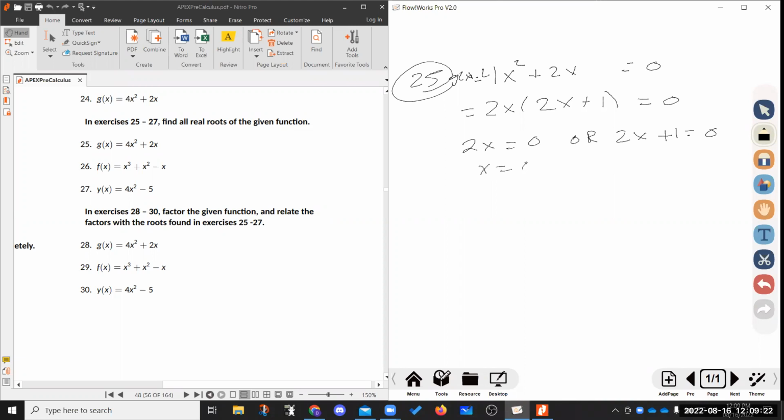We're going to solve. So our solutions, our roots are -1/2, 0. I'm just going to write them in a solution set like that. That's what these braces are for.